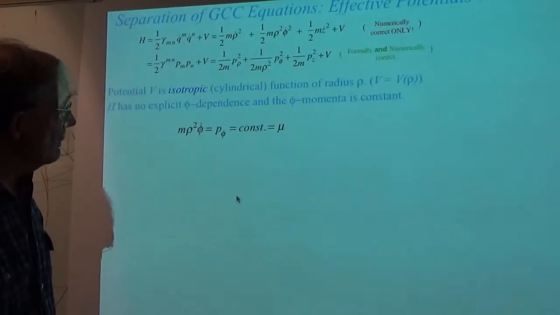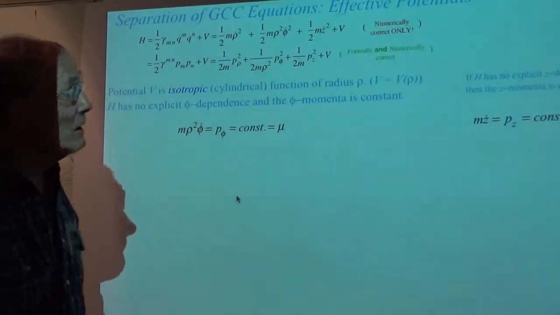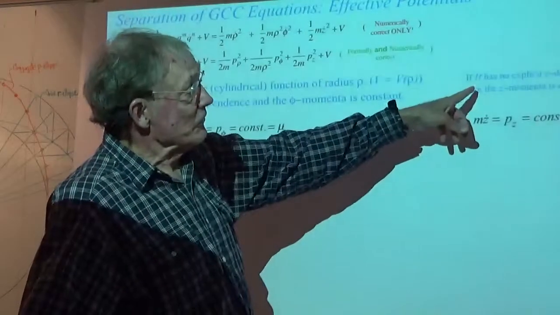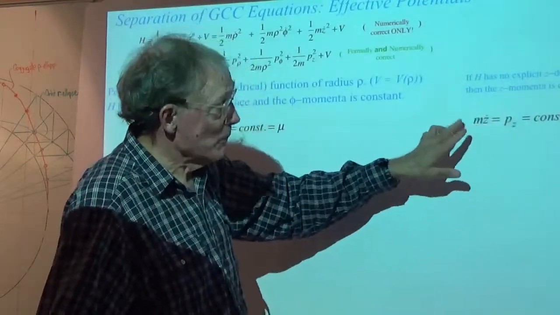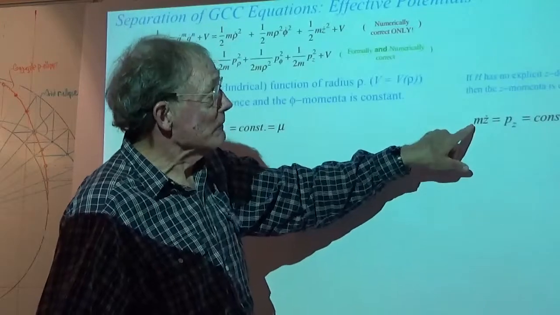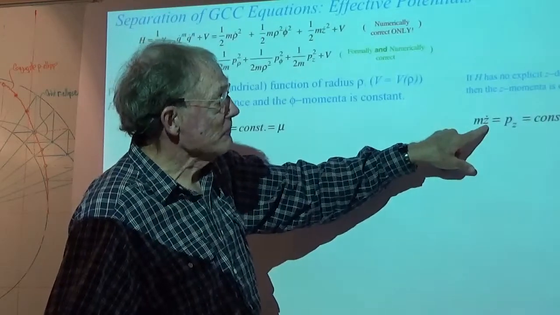So we've seen a little bit of this already. It turns out that H has no explicit z dependence, so the z momentum also, the momentum that goes with it, is just m times the z velocity.